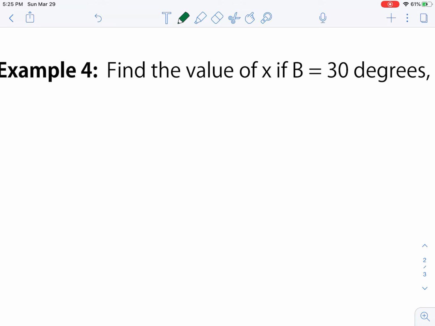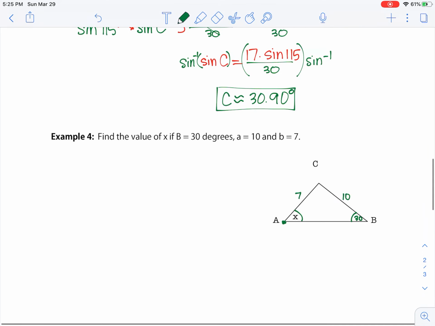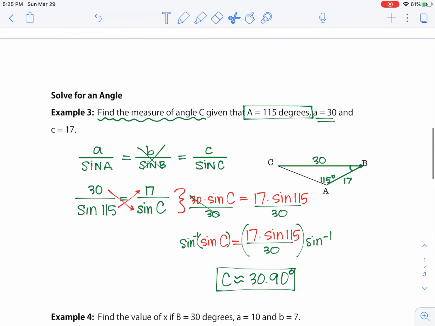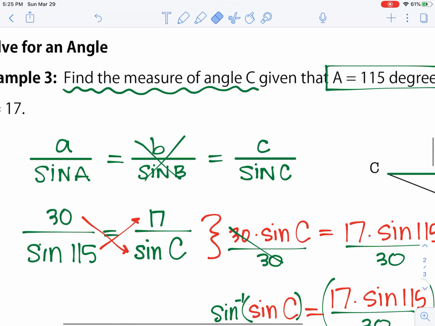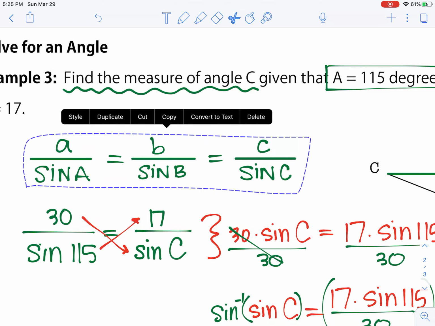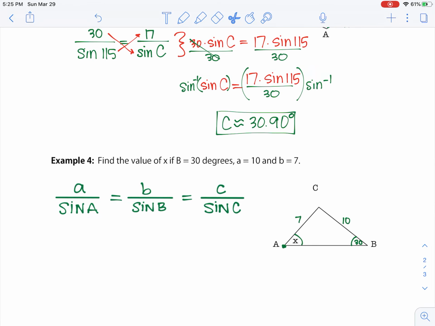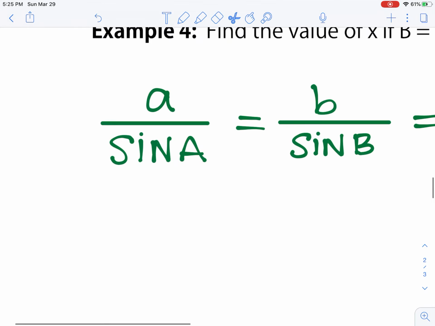Let's put our law of sines in here. We do know little a.